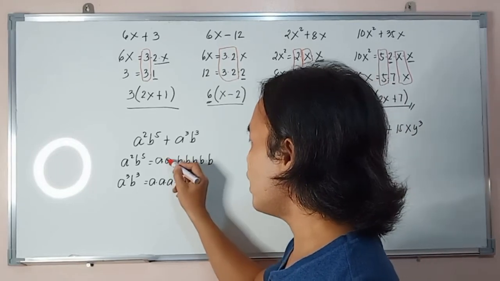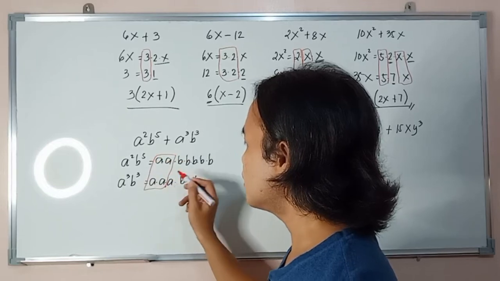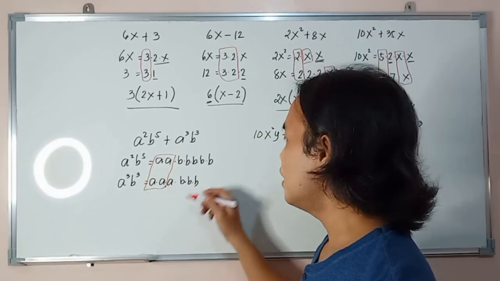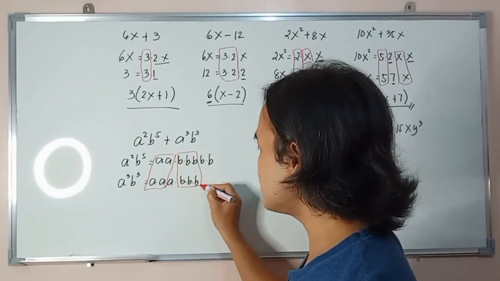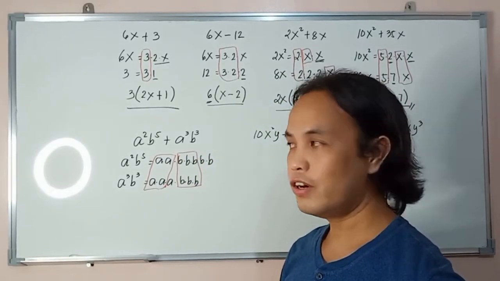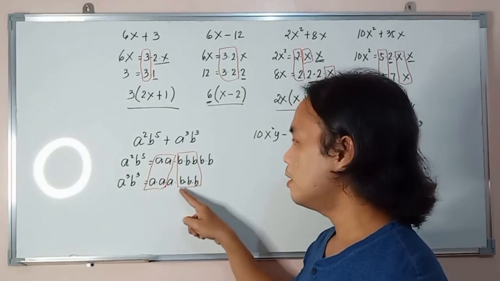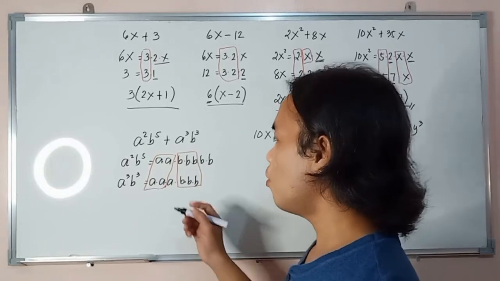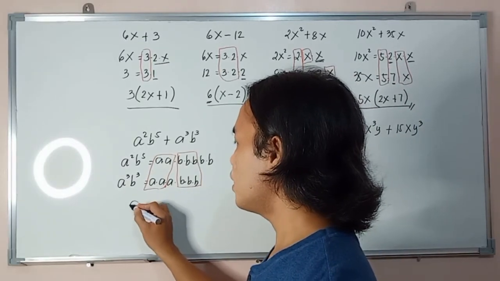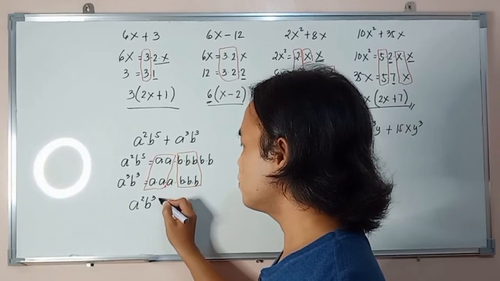We have here a times a, and we have here b times b times b. So therefore, we have a times a, that is a squared, b times b times b, that is b cubed. So our common monomial factor shall be a squared times b cubed.